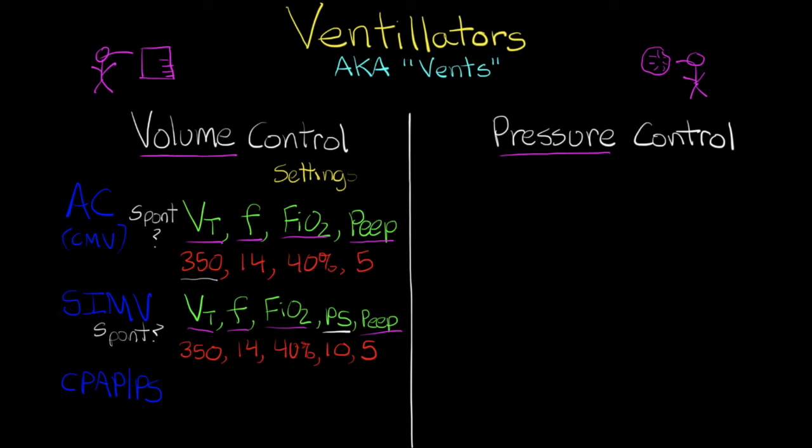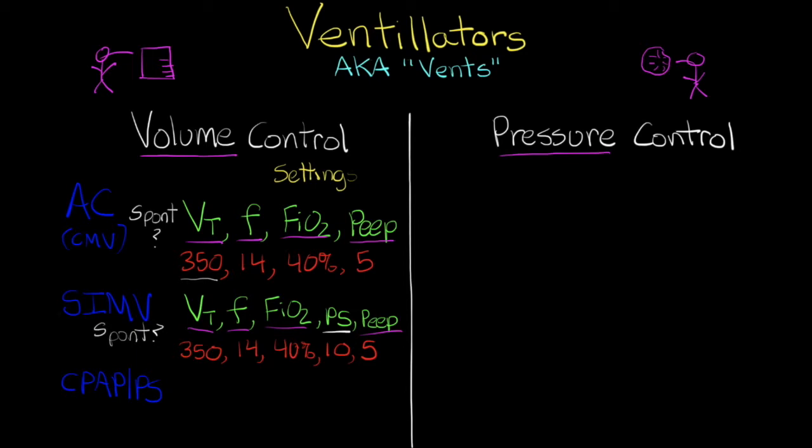The reason for not going below a pressure support of 10 is if we look at the ET tube that the patient is breathing through, even some of the larger ones, 8.5, that's still a pretty small tube to be breathing through. When a patient goes to take a spontaneous breath, sometimes you'll hear it referred to as like trying to breathe through a straw. So there's a certain amount of resistance that the patient is going to encounter by breathing through such a small tube, and a pressure support of 10 is going to compensate for that resistance that the patient is going to have to breathe against.